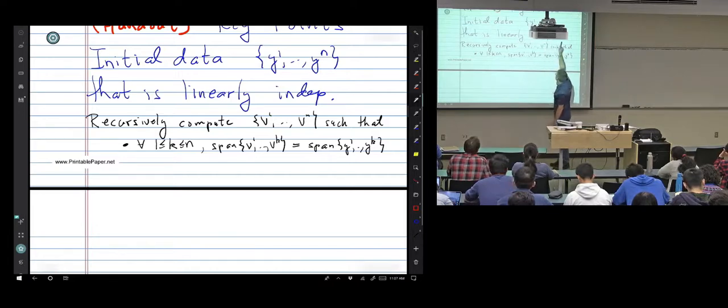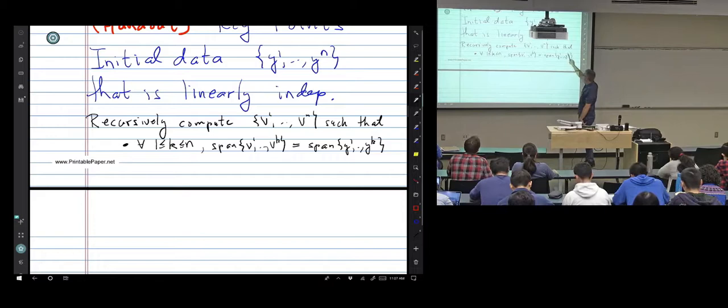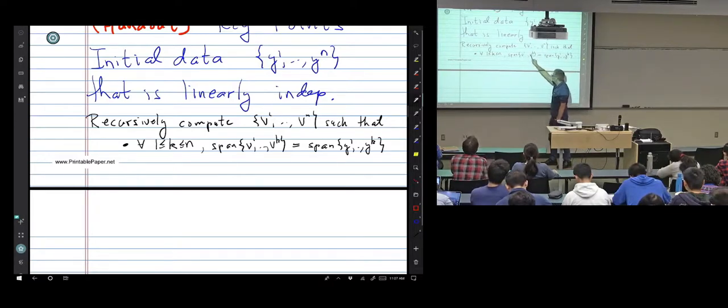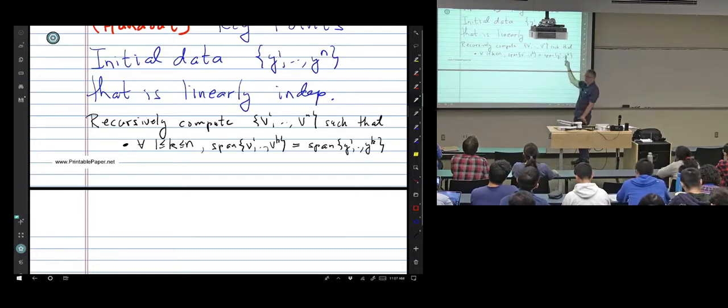So I got y1 to yn. Its span up to k will be a k-dimensional subspace because they're linearly independent. I'm going to compute new vectors that give me the same span. So these things are going to be linearly independent if I have k of them and they have the same dimension. So I preserve linear independence.